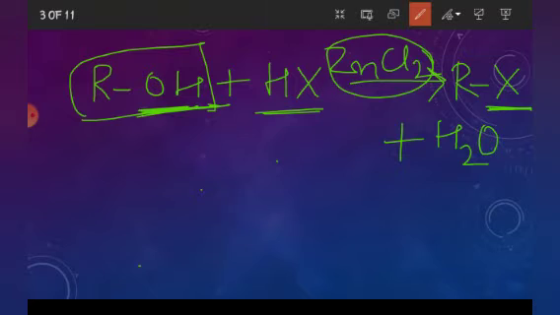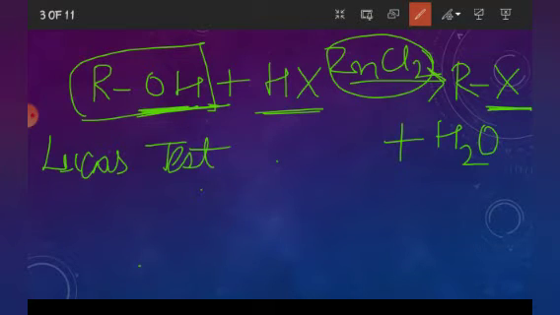And this ZnCl2 and HX together are known as Lucas reagent.